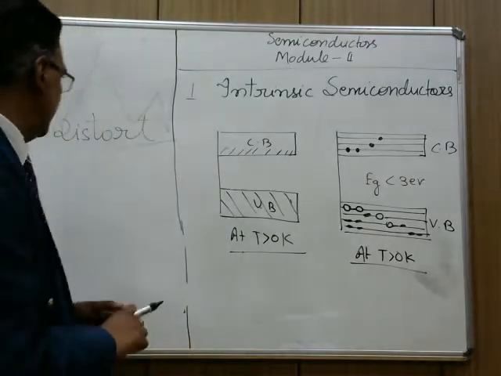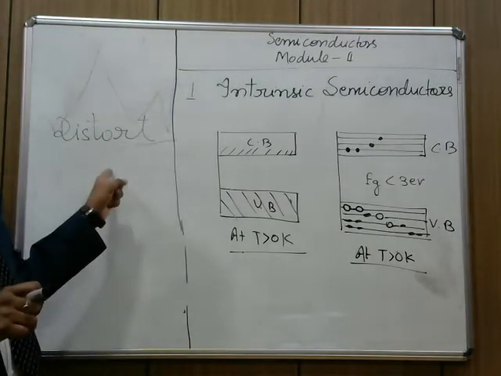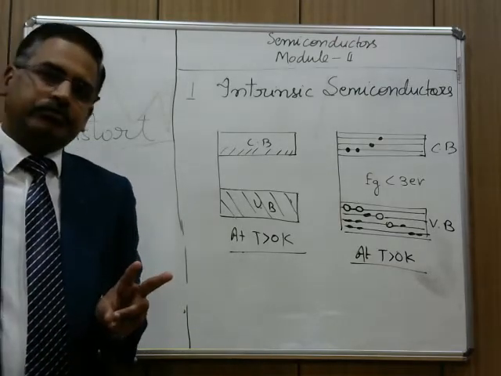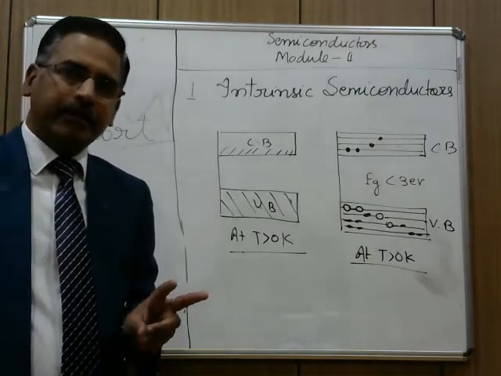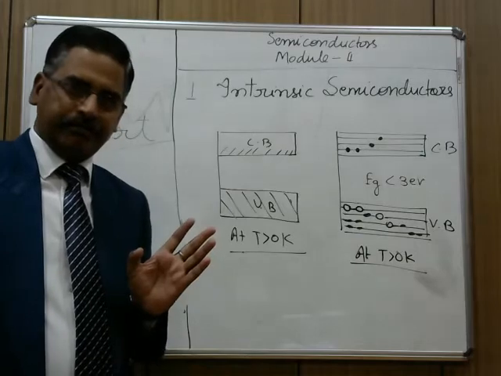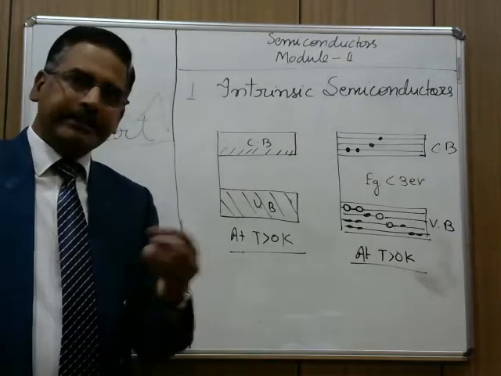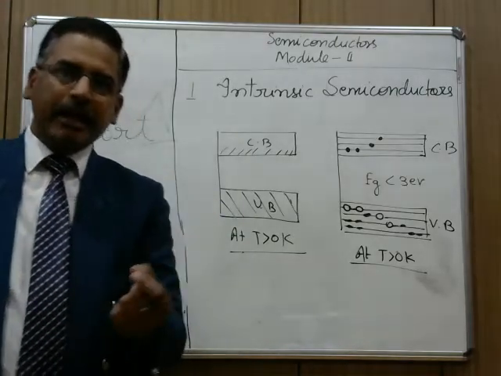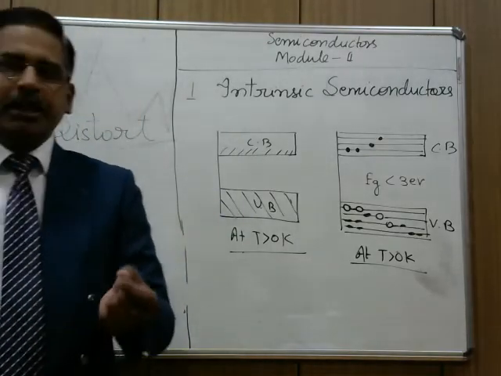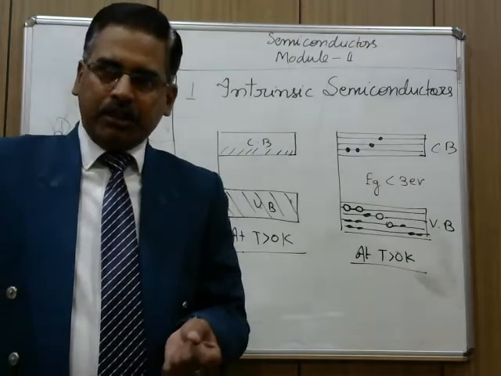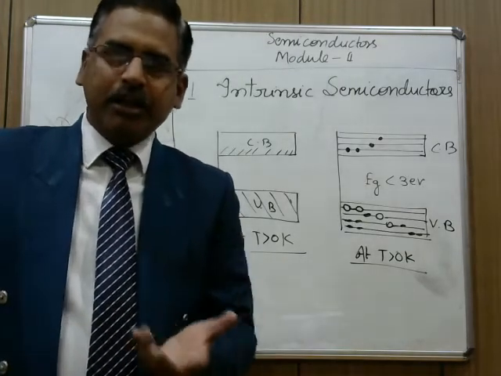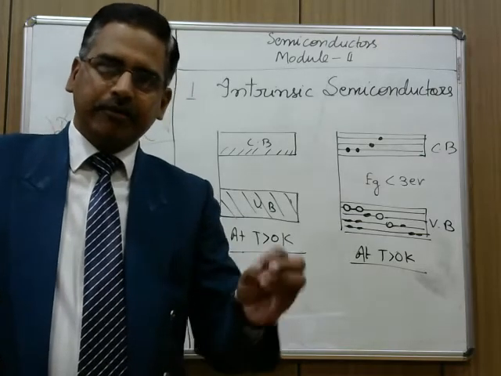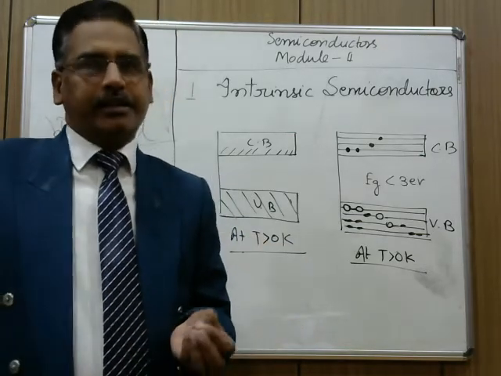First, it should not distort the crystal lattice. Second, the size of the dopant must be equal to the size of the atom of the semiconductor. Basically, the second condition fulfills the first. If the size of the impurity atom is of the order of the size of the semiconductor atom, then it will not distort the lattice; it will easily fit into the crystal lattice.